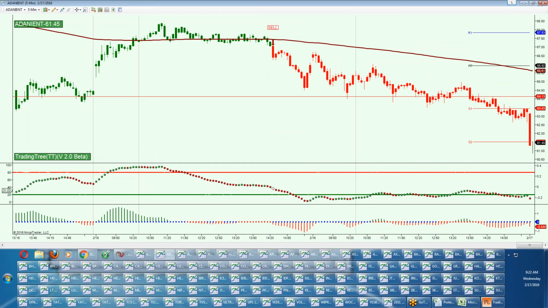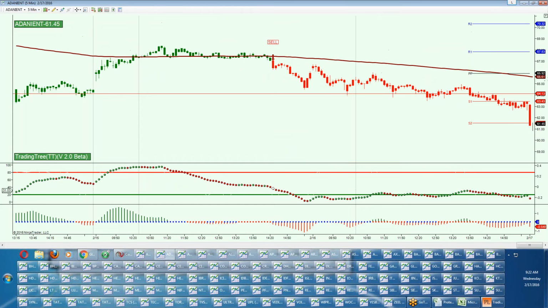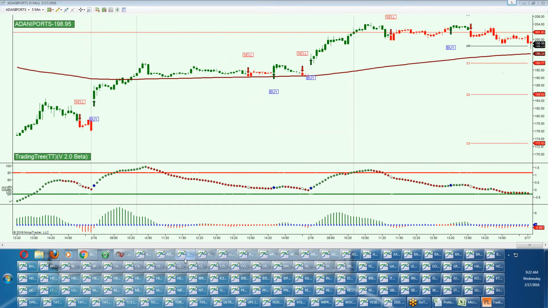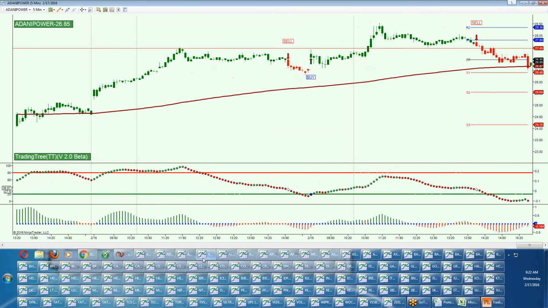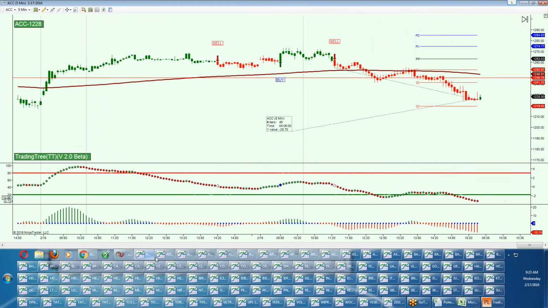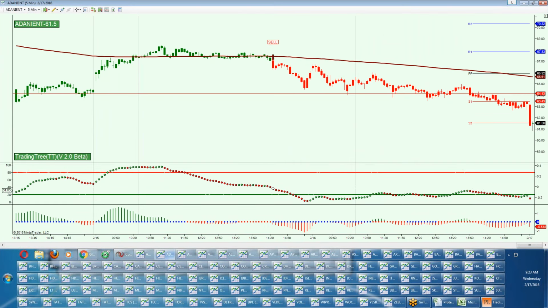So Adani Enterprises is a deep fall. Adani Power, you can enter here. That is right below your S1. So I'll just place these trades this way. Adani Ports, sorry, Adani Enterprises, I will short it here.